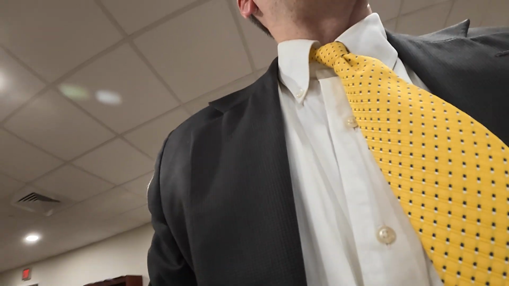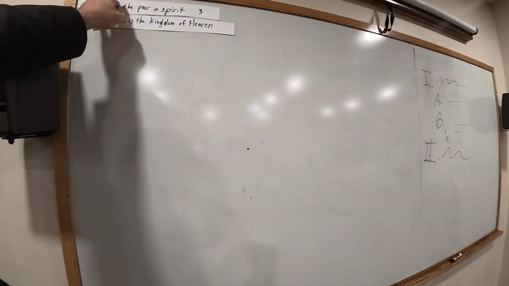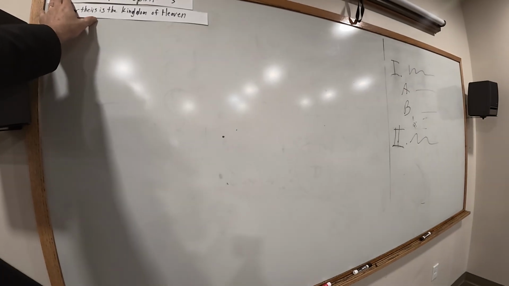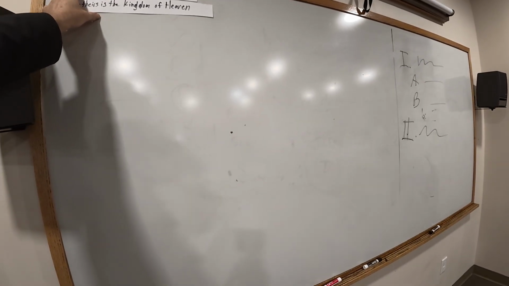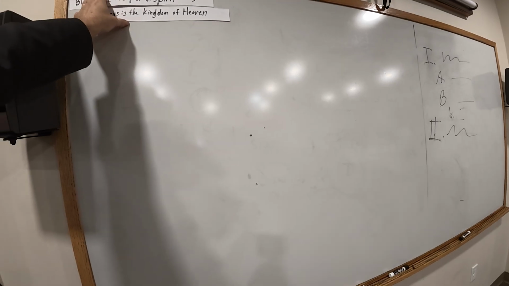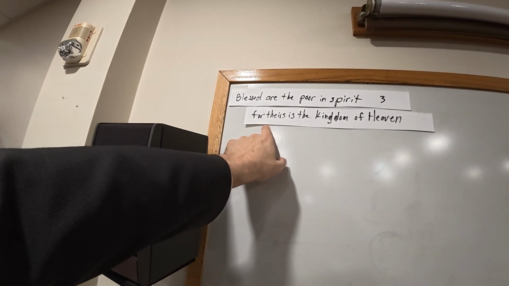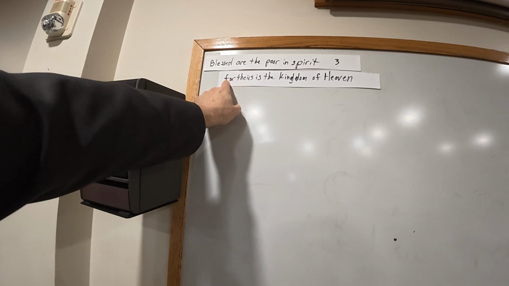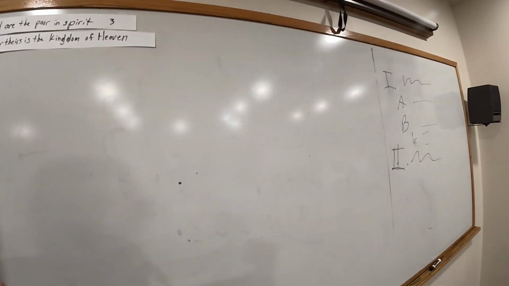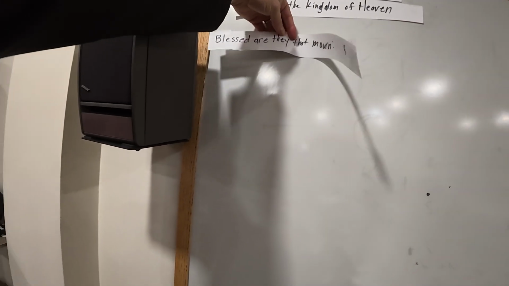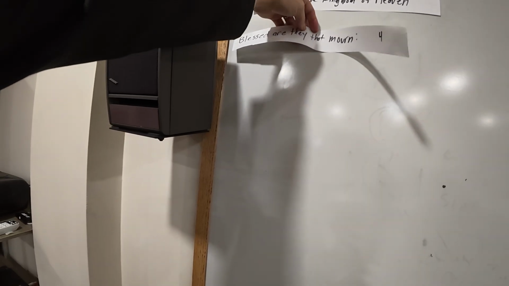Now, what if I get the next phrase? Let me do that now. What I'm going to do is ask myself, the new phrase, is that the same as this one? Grammatically, in the form, the structure, not the same words, even though we do have that here in the Beatitudes portion. But we have a preposition, for theirs is the kingdom of heaven. So here's the next phrase, blessed are they that mourn.